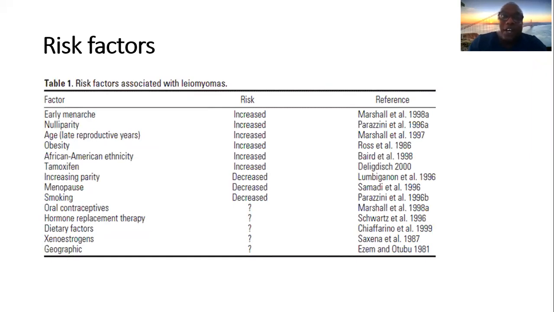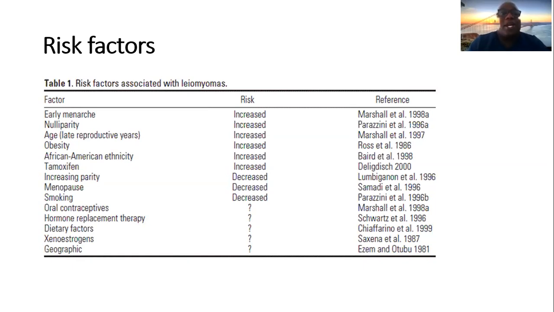So what are the risk factors? There are many risk factors that have been identified with the causation of fibroids, and we are going to mention some of them. Number one is early menarche, or the time when the lady starts receiving her menses. The earlier the menses start, the more likely the patient might have fibroids later on in the course of her life.